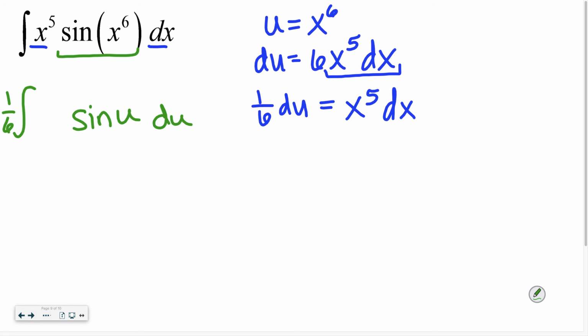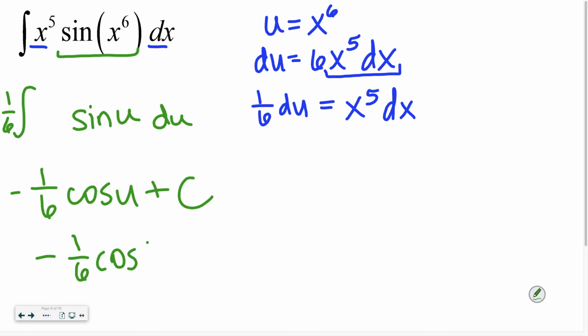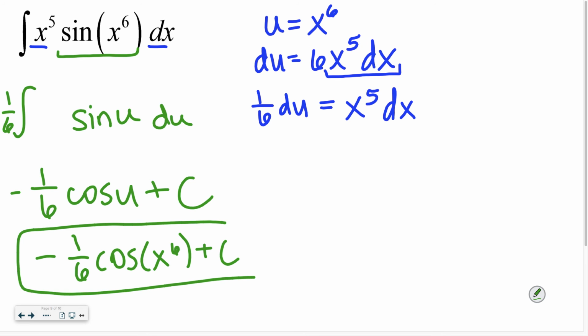I just really don't want to worry about them until the end. So then our antiderivative would be negative cosine of u plus C, keeping that 1/6 out in front. So our last step then would be to replace u. So we have negative 1/6 times the cosine of x to the 6th plus C.